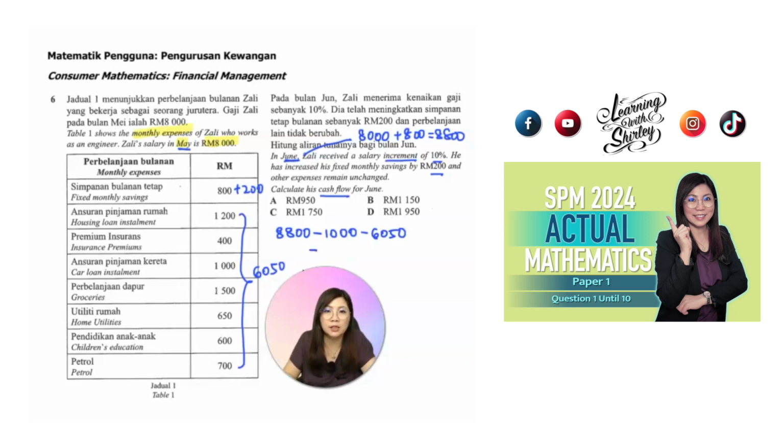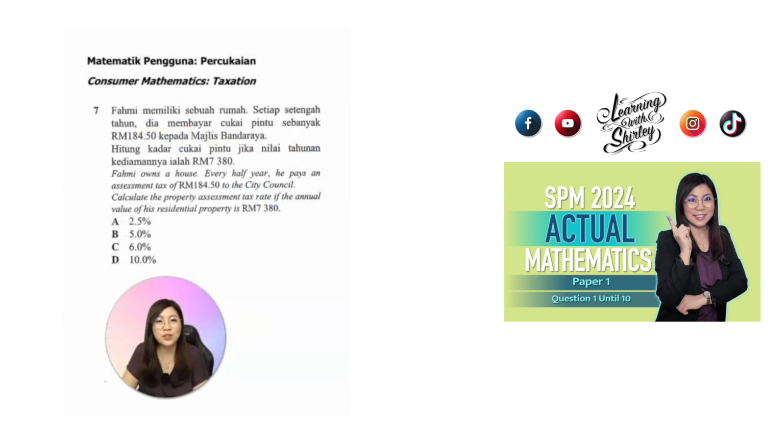Okay, so how much is this? Let's calculate. Just now was 8,800 minus 1,000 minus 6,050. So he still has a remainder, which is the balance, 1,750. So this is his cash flow for June. The answer is C.